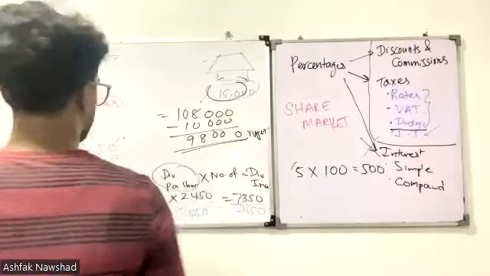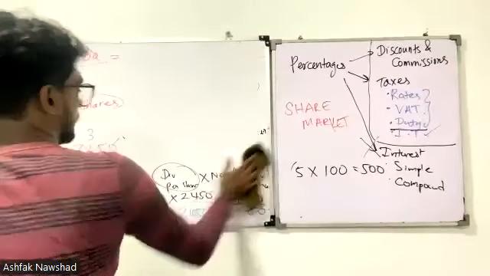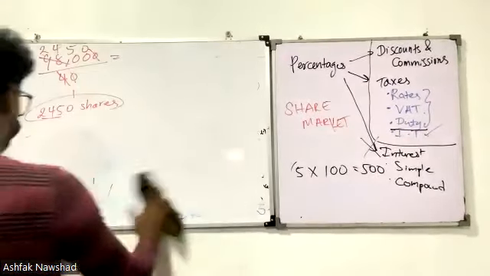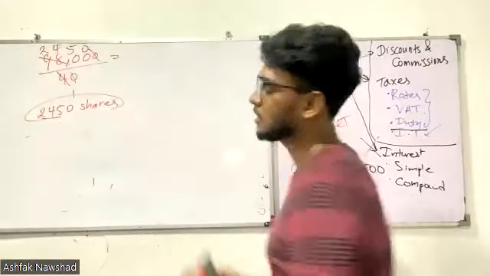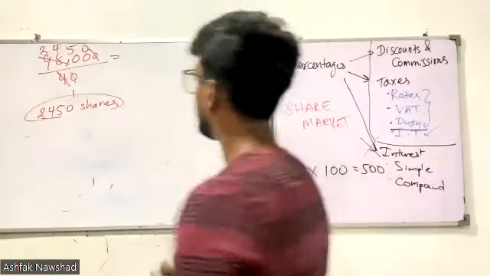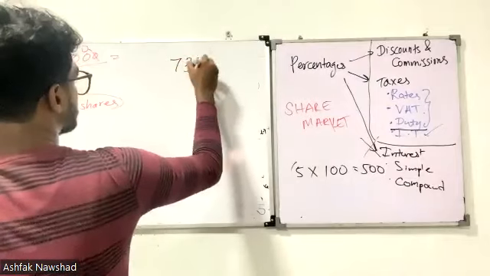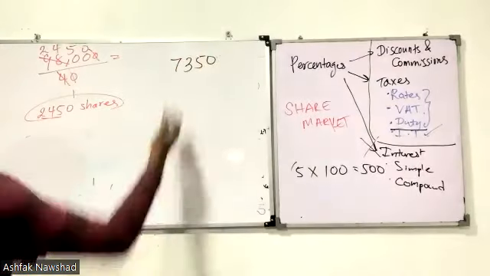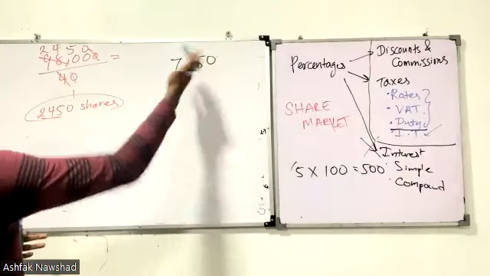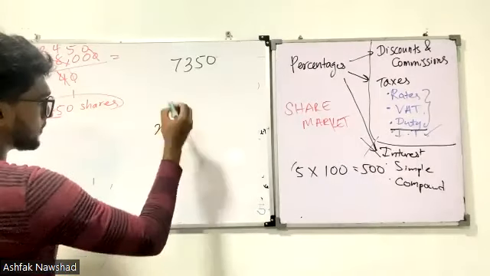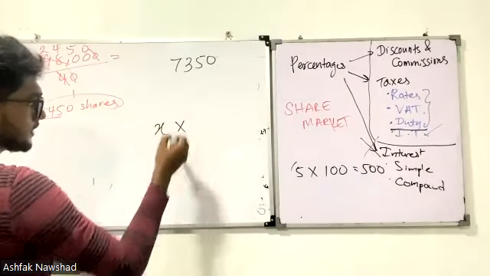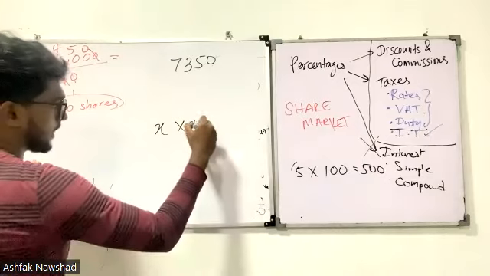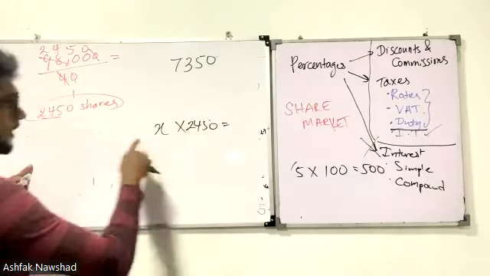I'll repeat the last part. We now know Kamal has this many shares, right? Kamal receives a dividend income of this much. So how do we calculate the dividend income? Dividend per share, which I do not know, multiplied by the number of shares. This is the actual way, right?